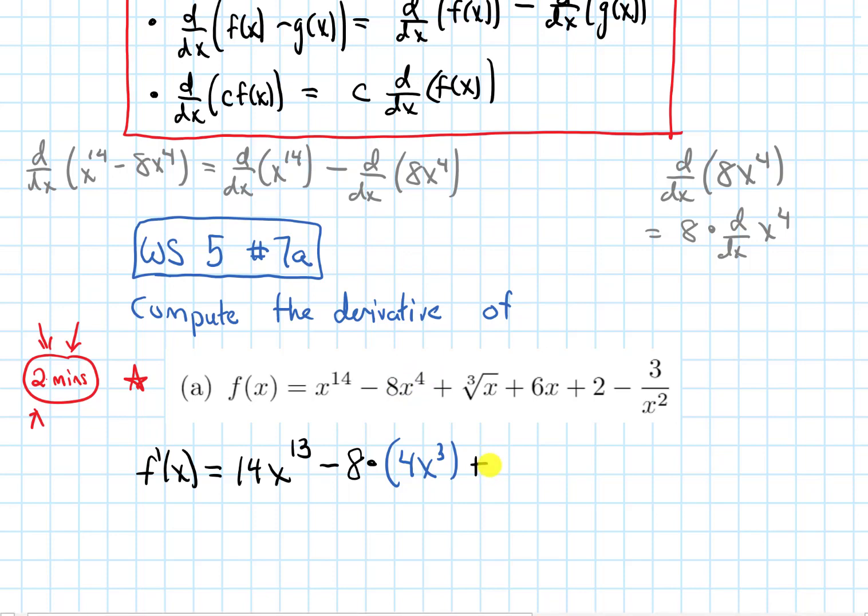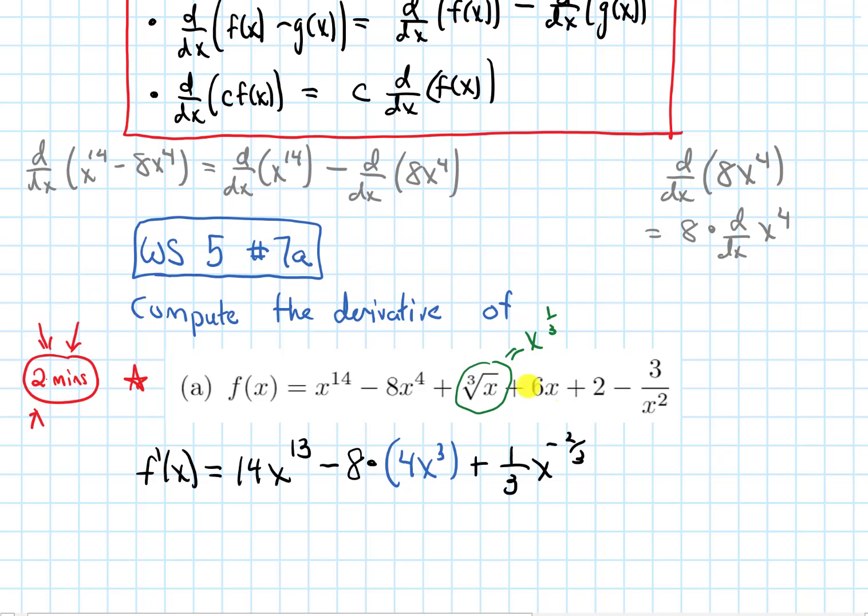For the cube root, it's helpful to rewrite this as a power. This is x to the 1/3. Now if I do the power rule, the 1/3 comes down, and I get x to the negative 2/3 when I subtract 1 from the power.